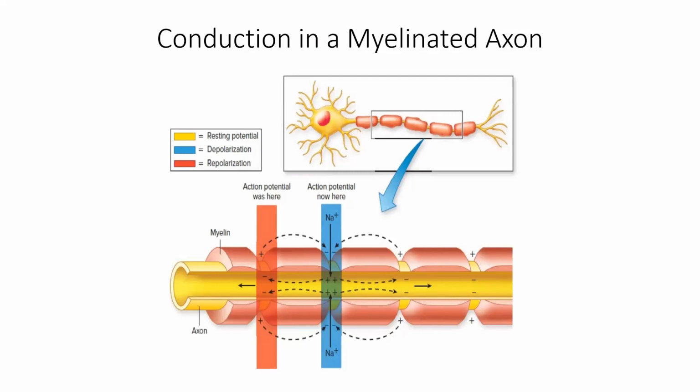And there are certain types of disorders where our immune system recognizes the myelin sheath as unusual and unknown, and the immune system starts attacking it and disrupting it.